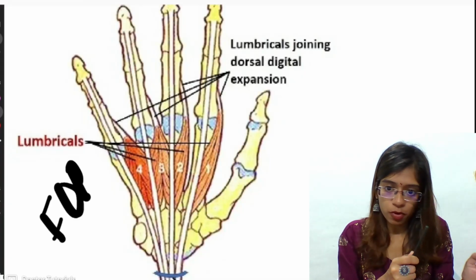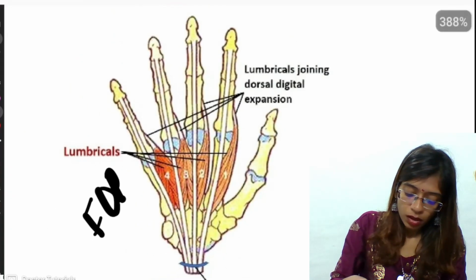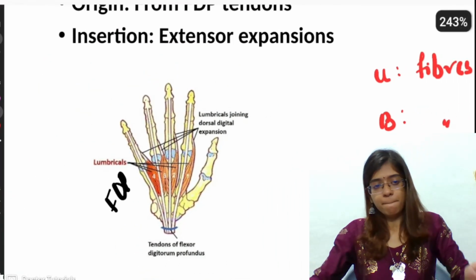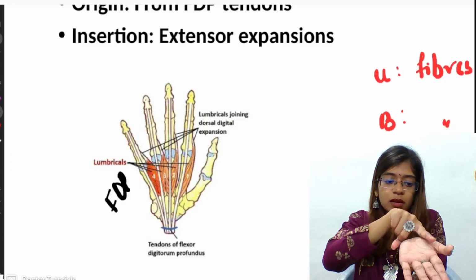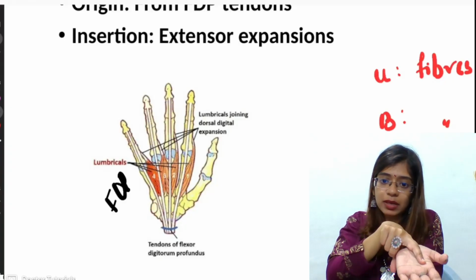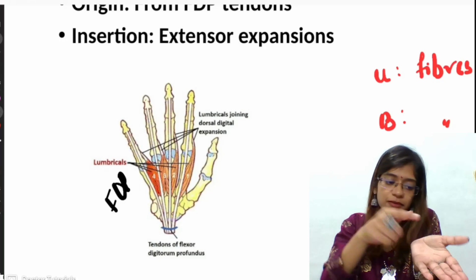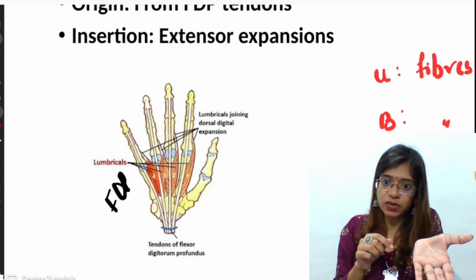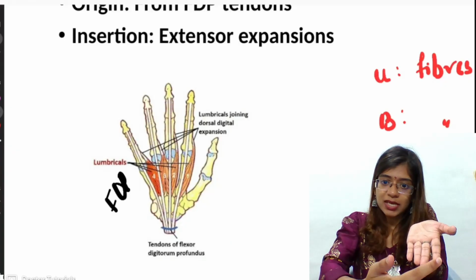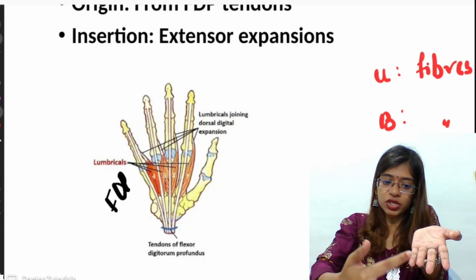This is very important. Now see, the lumbrical next to the thumb I mark as the first. The thumb is the first digit: first digit, second digit, third digit, fourth digit, fifth digit.